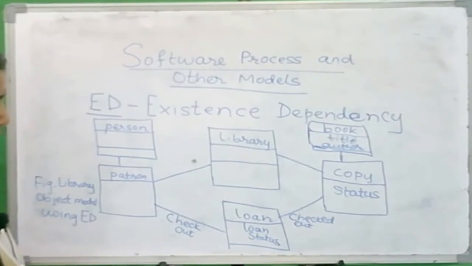Person is added to the diagram to show the part of the pattern that is not existence dependent on the library. So this is the object oriented model or the object model.